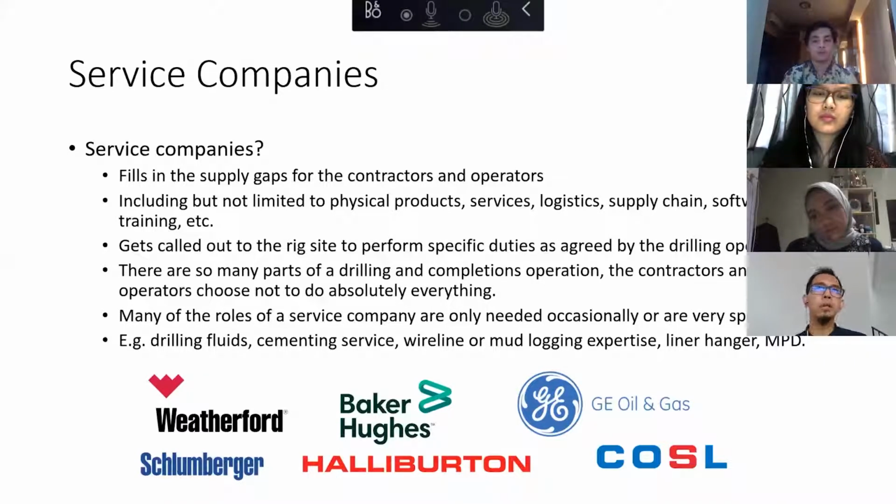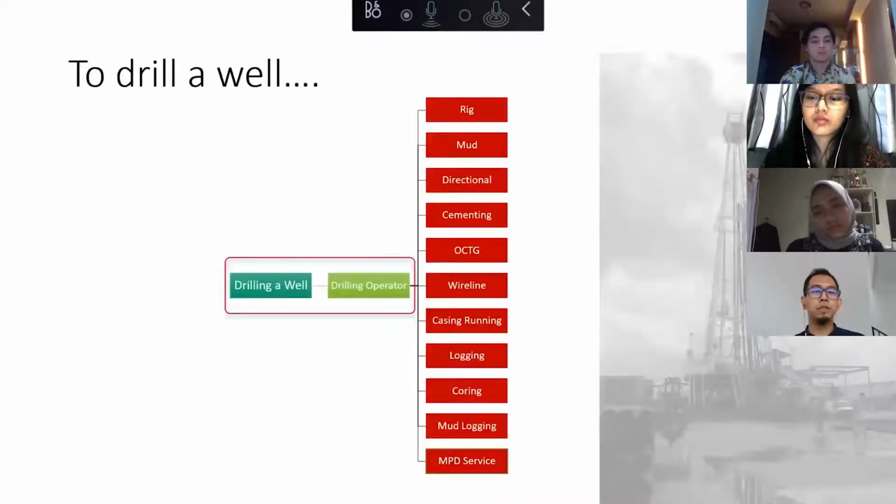Companies that focus on mud logging, for example, are Geoservices, Geolog International, and Xlog as well. So these companies sometimes provide the whole range of services required, but others prefer to focus on only one or two products or services. So that's about service companies.